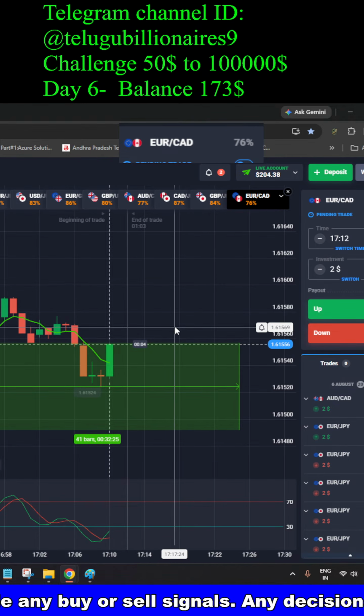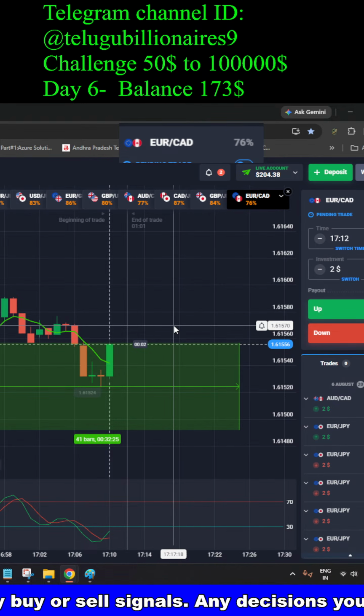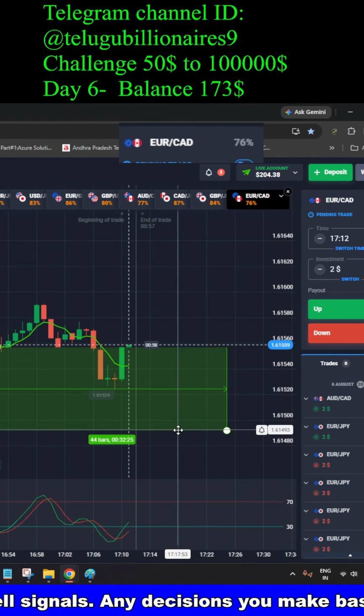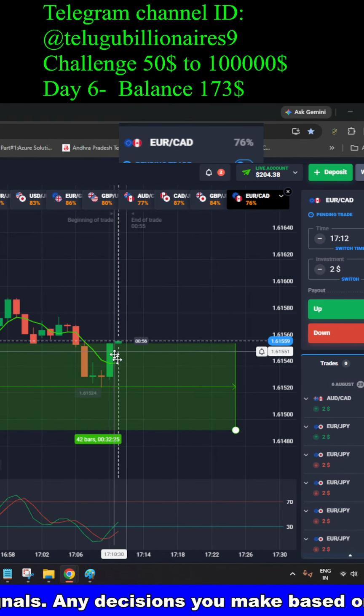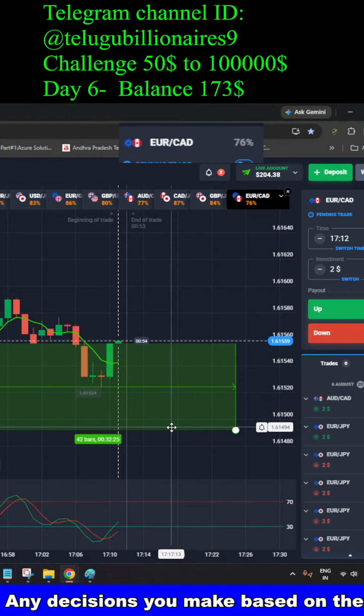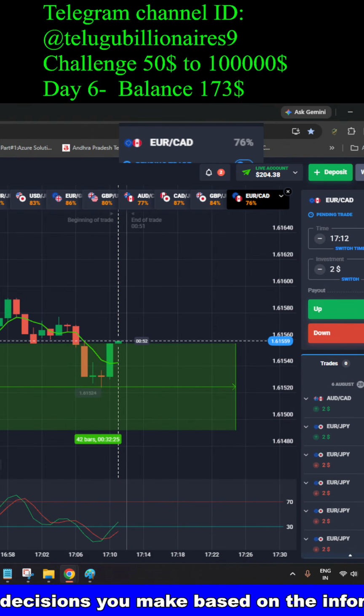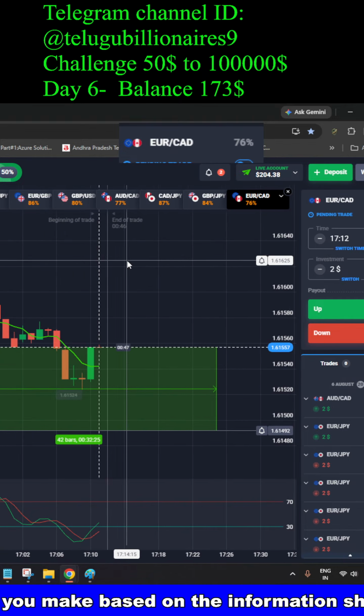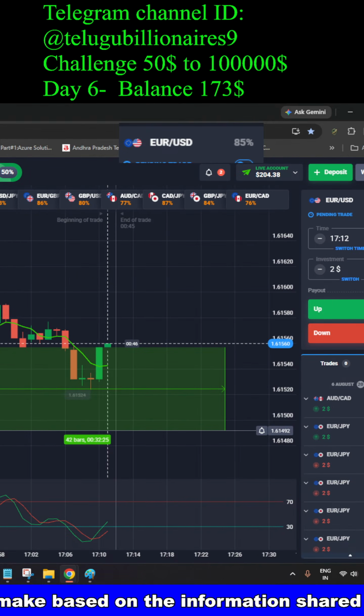This is one kind of concept: predicting future direction. When the market comes here, we can go for an upside trade. If you set an alert, later you get to know that.